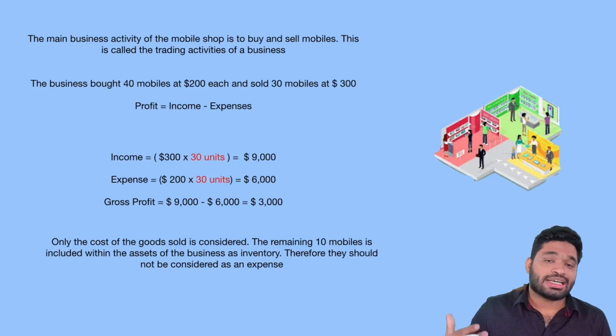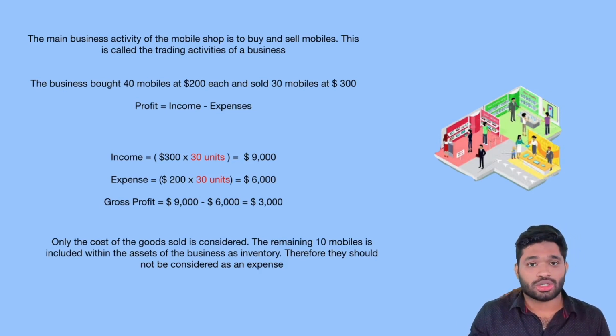So that 10 units, the closing stock, is not an expense, it is an asset. So you should not consider it as a cost of the goods sold during the time period. Remember, when you calculate gross profit, you are only taking the cost of the goods that you sold. The closing stock should not be considered.